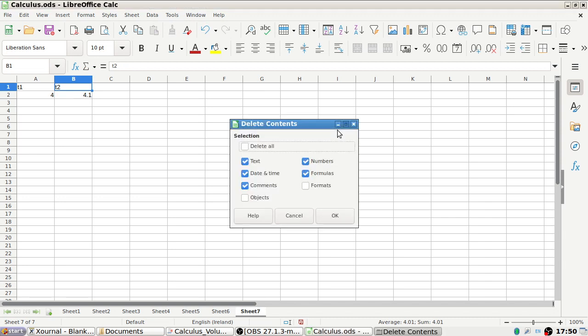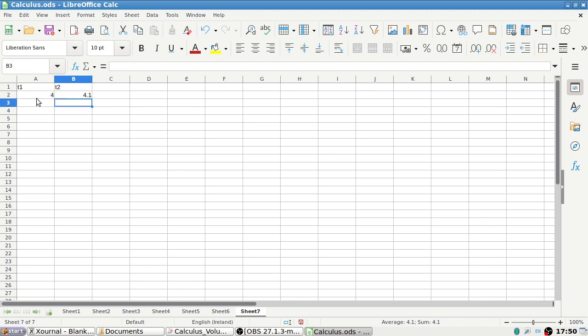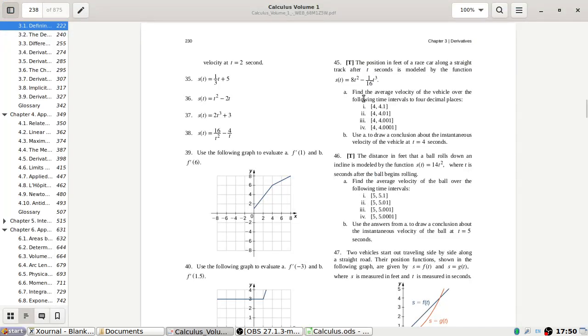Well, let's make this a bit more precise. It's equal to 4 plus 0.1. Okay, and that's 2 decimal places, 3 decimal places. Doesn't say anything about decimal places this time.